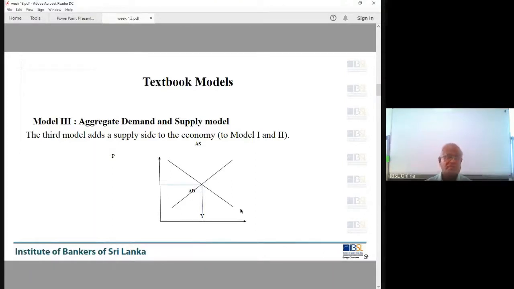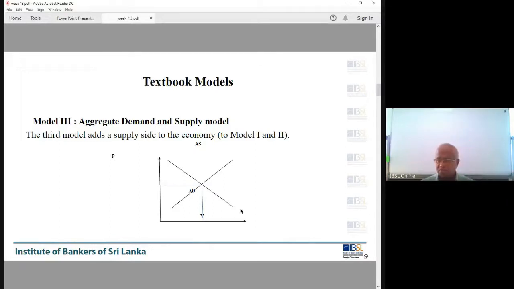Then if certain shocks come to this market, you can shift either the demand or the supply curve, discuss, and draw conclusions about the new situation. That is the micro level. Now this aggregate demand and supply, the name itself implies the aggregate. These two curves are for the entire economy, the overall economy.